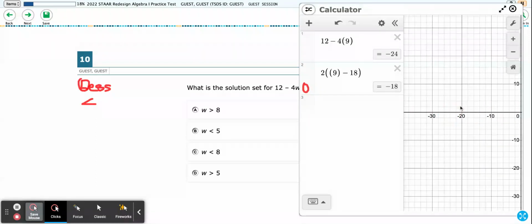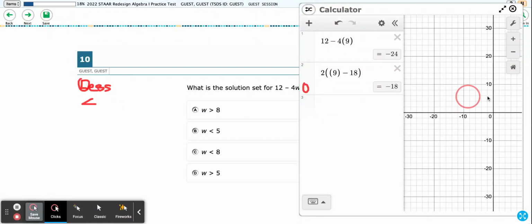And then as I move closer to 0, or as I get bigger, negative 18 is right here to the right of it. So moving to the right, I'm getting bigger. So this relationship, negative 24, is actually less than negative 18. So that A can't be the correct answer.